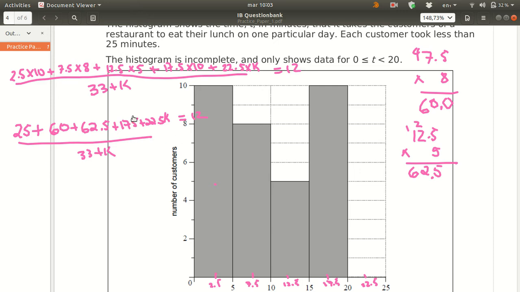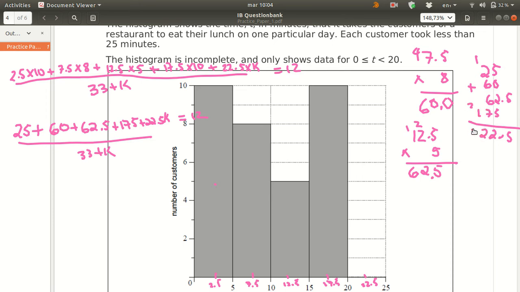Okay, so now let's do this sum: 25 plus 60 plus 62.5 plus 175. So this is 0.5. 5 plus 2 is 7, 7 plus 5 is 12, carry a 1. 2 plus 1 is 3, plus 6 is 9, plus 6 is 15, plus 7 is 22, carry a 2.